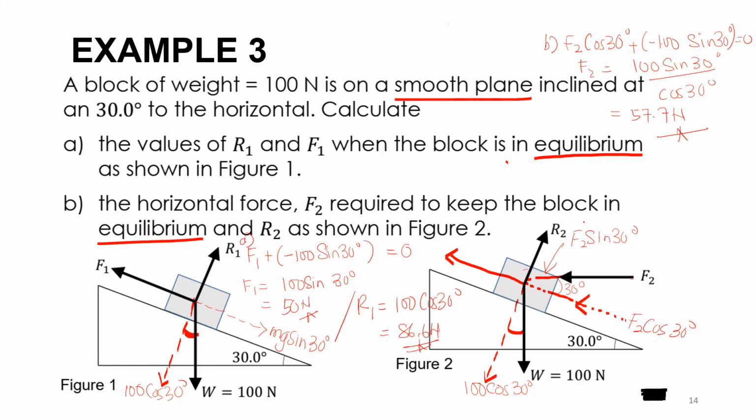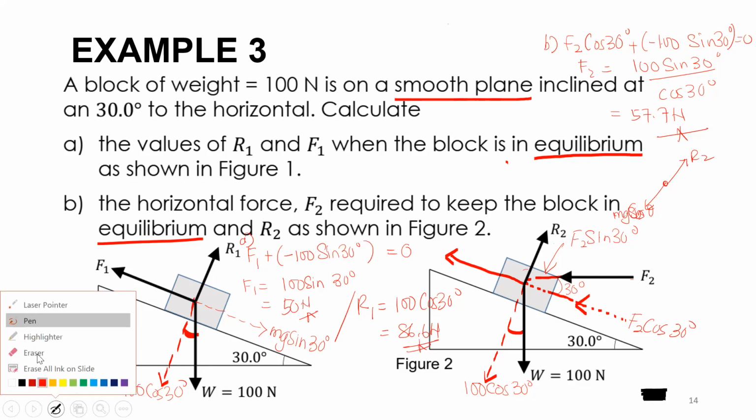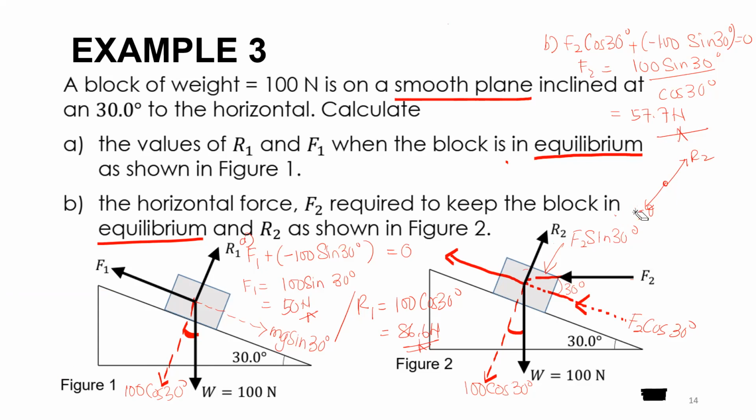And then the R part. You must understand R is equivalent to, if I look at the object, I have the R2, but then I have the component of mg cos theta.